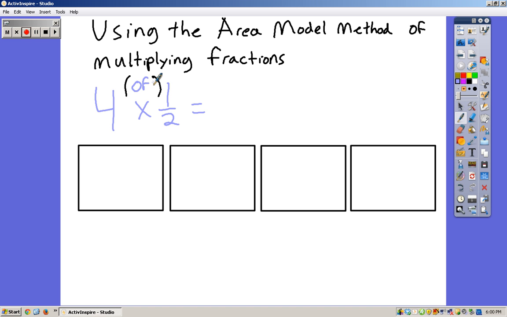We have 4 rectangles representing 4 area models for the 4 whole numbers. We're going to break each one into halves, because we're multiplying by half. For 4 of 1/2, we're going to shade in 1/2 of each area model.